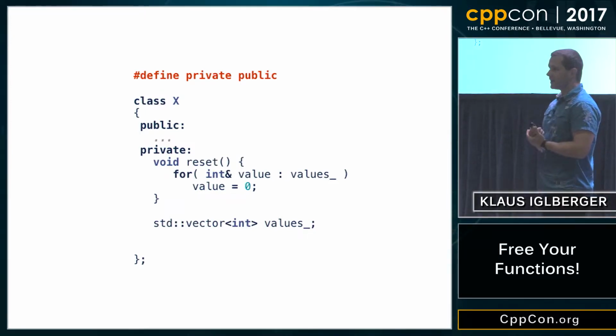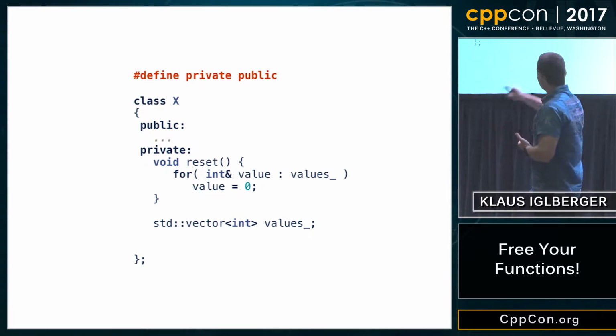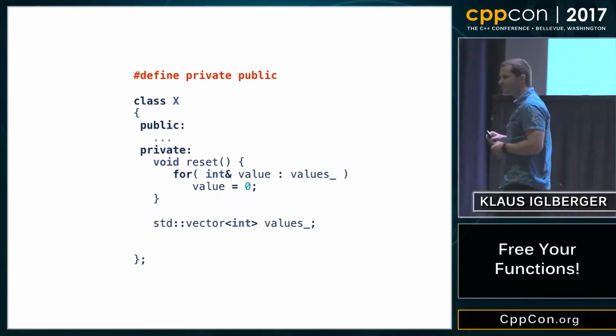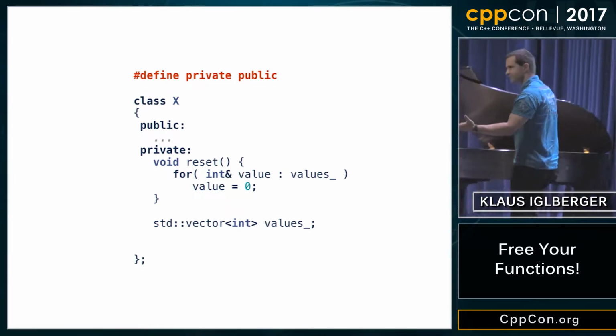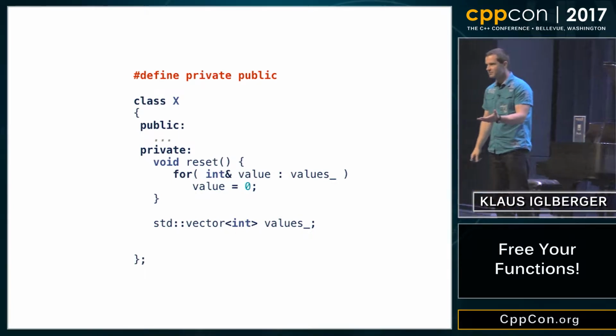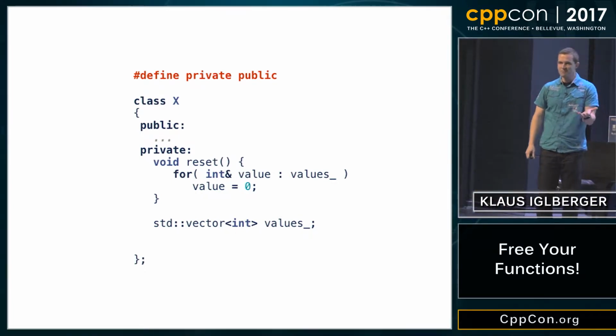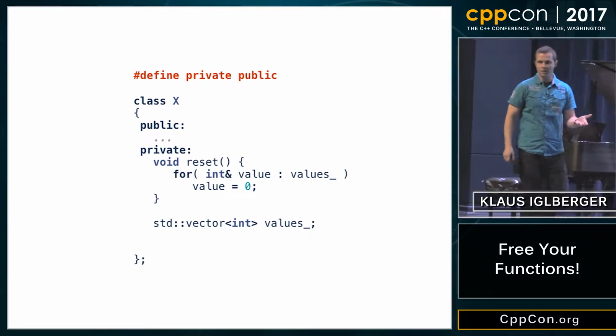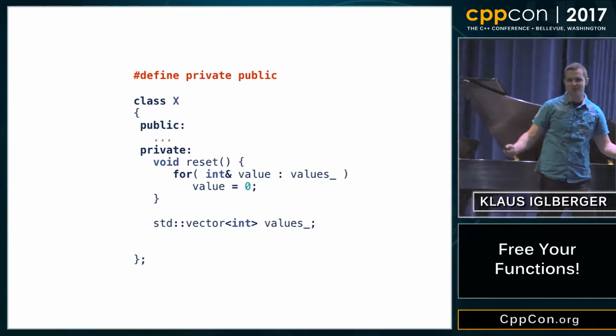This is absolutely awful, and this is a clear indication that you have a design flaw. If you have a private function that you need to test, and you have to bend over backwards to make it work, then something's wrong. You have missed something. Your design doesn't work. And of course, what is the obvious solution?